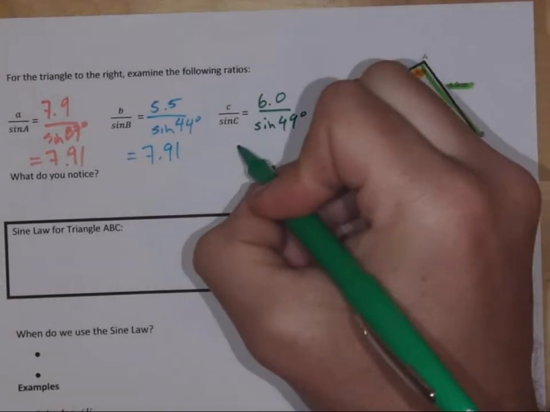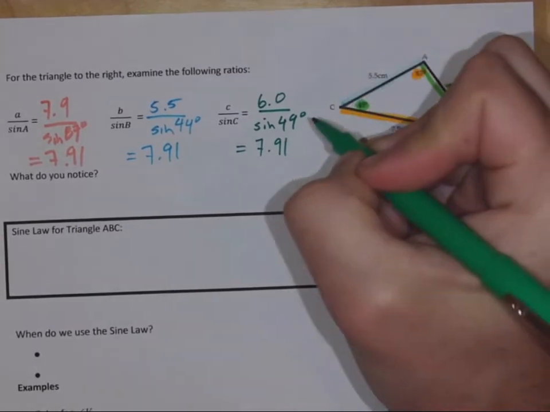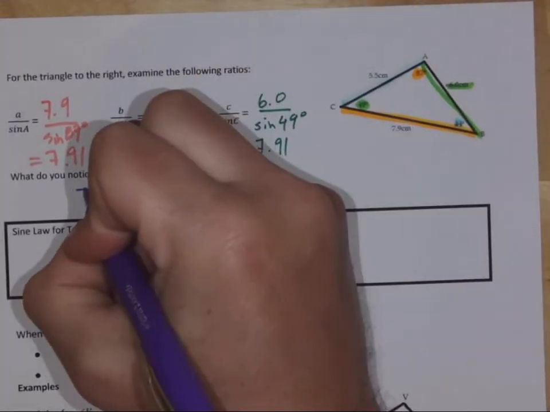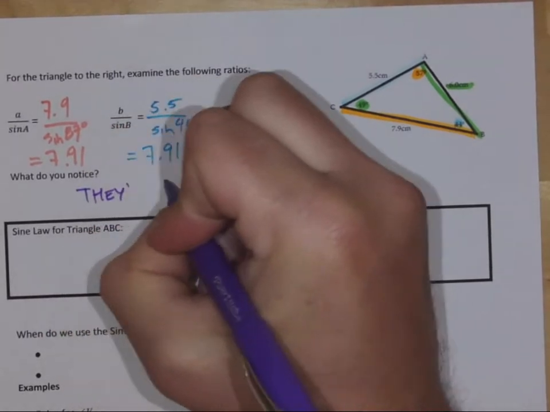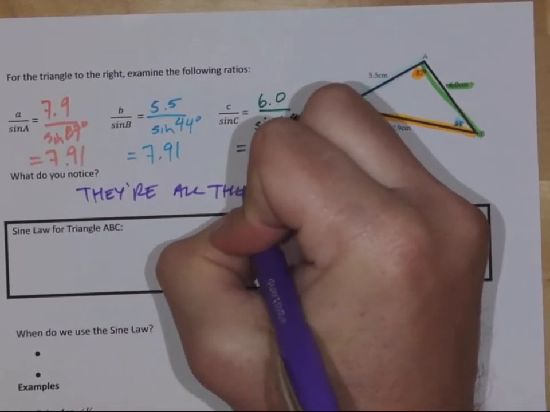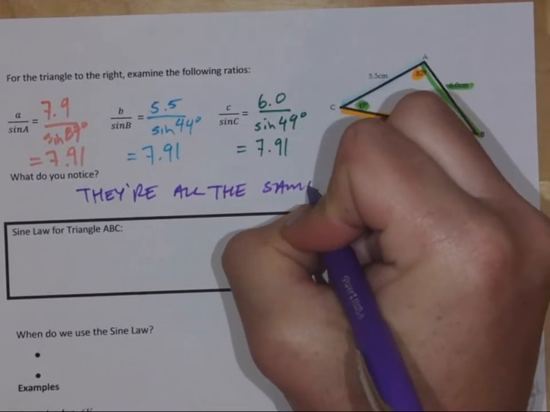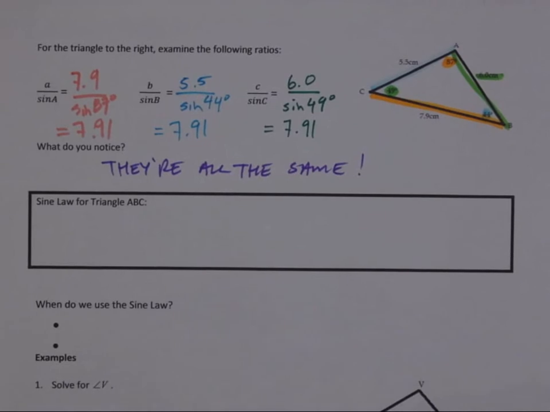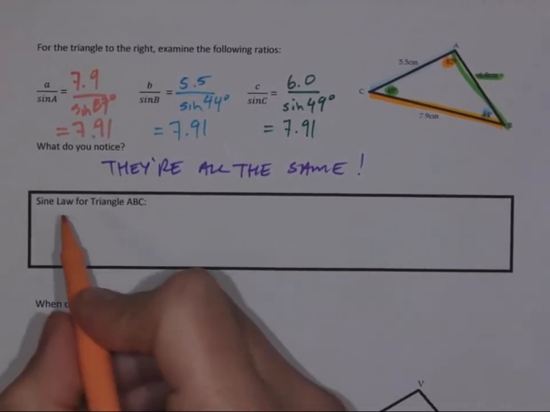I got 7.91. So what did you notice? They're all the same. Look at that, we just proved it. So, what did we just do? We just found out the sine law.